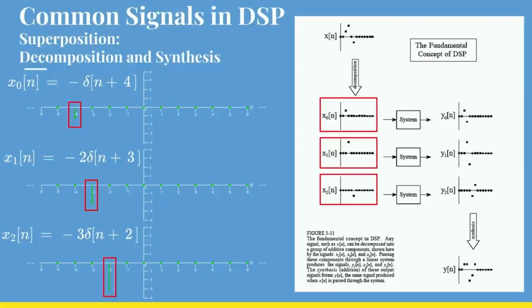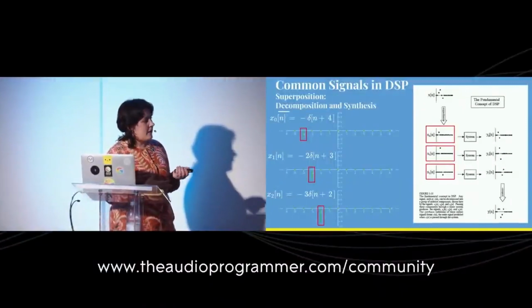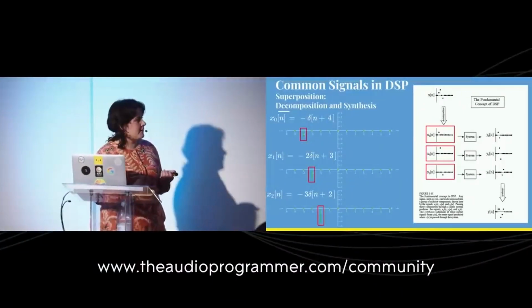And the whole idea of this theory is that when you feed the individual impulses through the system and add the impulse responses, you receive the same output as you would if you fed x of n through the system without decomposition.